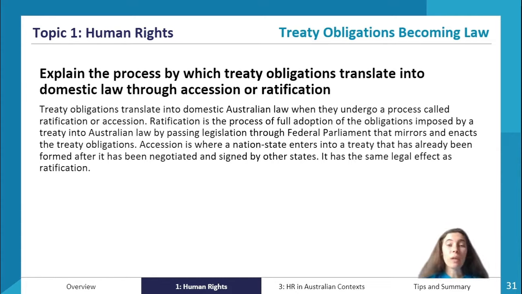Okay, so explaining the process by which treaty obligations translate into domestic law through accession or ratification. So not only do you have to be able to just describe terms, you also need to be able to explain them. And often you need to understand the relationships between things as well.